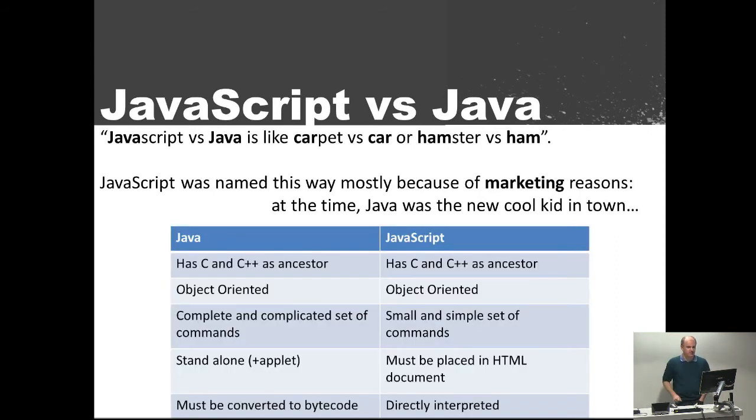So if we compare the two, both of them have C and C++ as ancestors. Both of them are object-oriented. But as I said, Java is a complete programming language. You can do anything with it. While JavaScript is very limited to a small set of commands. Java can run on its own.